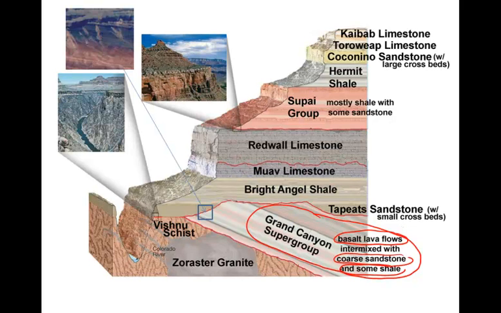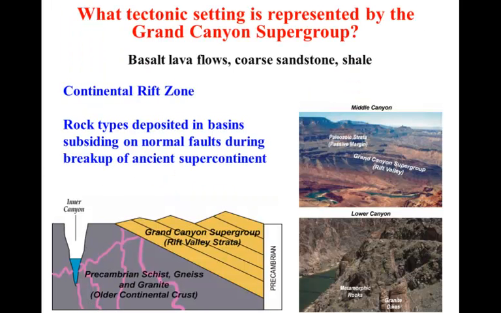We need to be thinking about what tectonic setting is represented by the formation of the rocks that belong to the Grand Canyon Supergroup. Well, basalt lava flows, coarse sandstones, and shales, this is inferred to represent a continental rift zone.